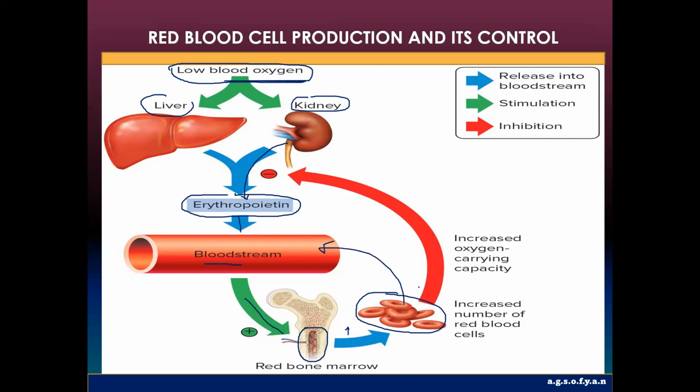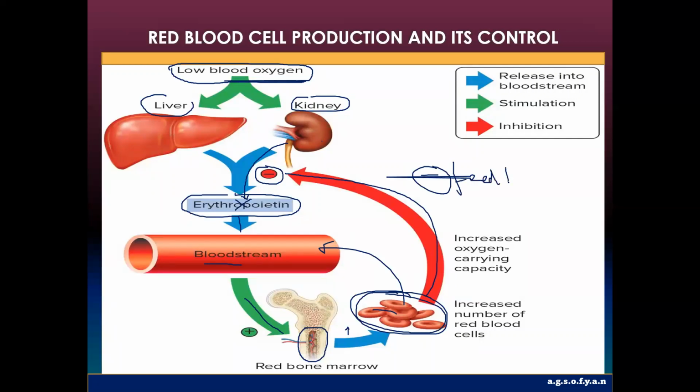If the production is enough, it actually will give inhibition to the kidney. So the kidney will stop producing erythropoietin because we have enough oxygen and enough red blood cells in our circulation. This is what we call the negative feedback system.